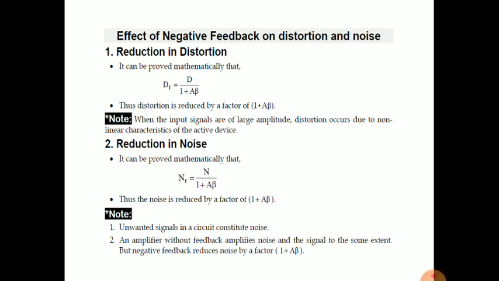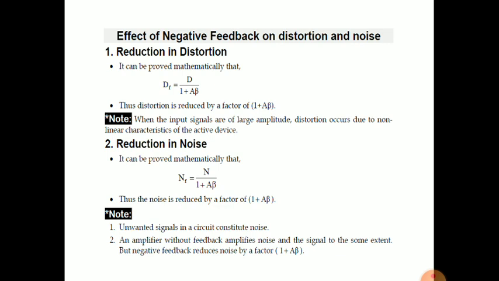That is, noise with feedback is equal to noise without feedback divided by 1 plus A beta. So the noise is also reduced by a factor of 1 plus A beta. Note, unwanted signals in a circuit constitute noise. So what do we mean by noise?